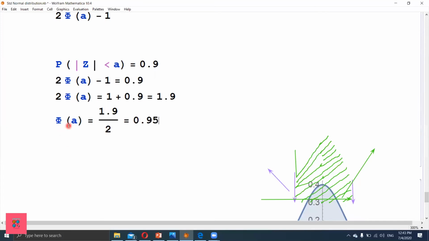Now next step is A is equal to phi inverse. Always write here phi inverse. Phi inverse of which value? Obviously 0.95. Whenever you are writing phi inverse, then you have to look in the table 10a. So come to the table 10a.